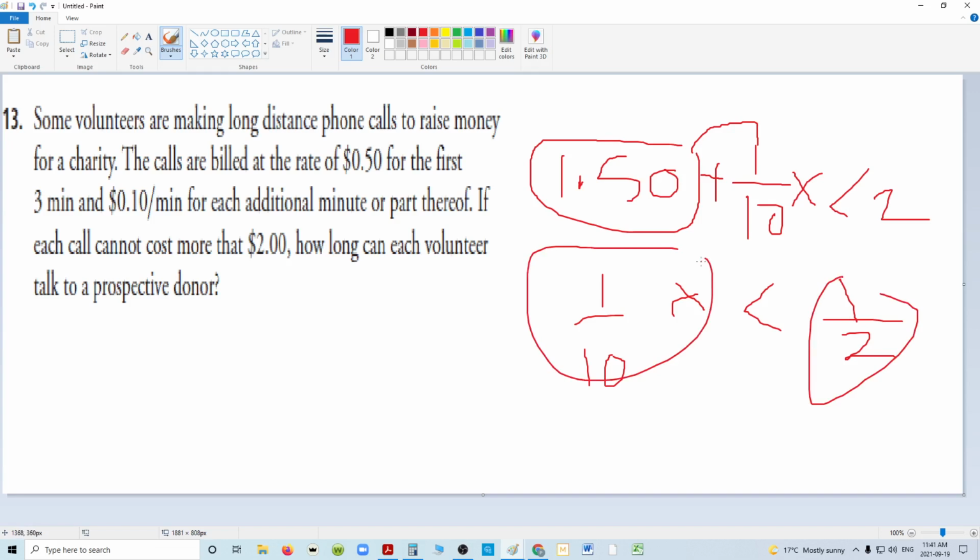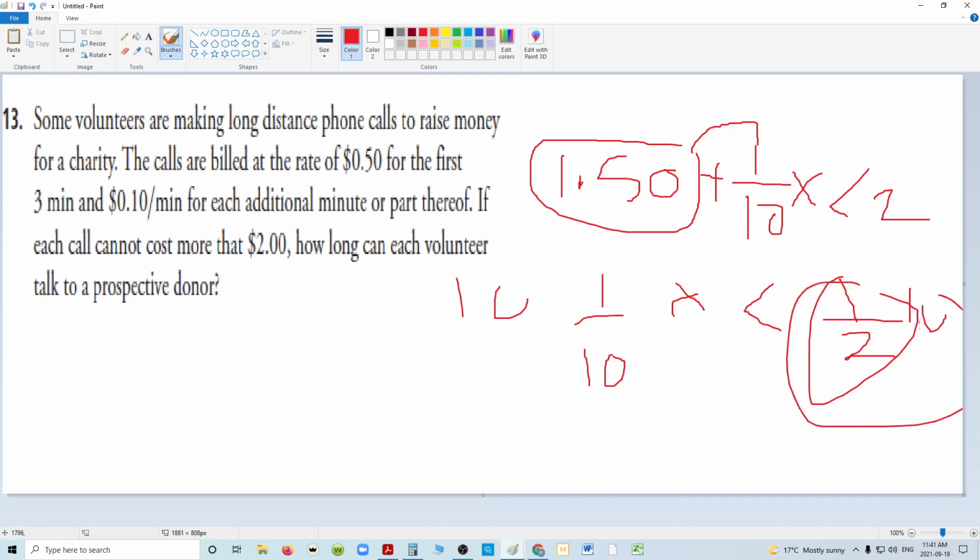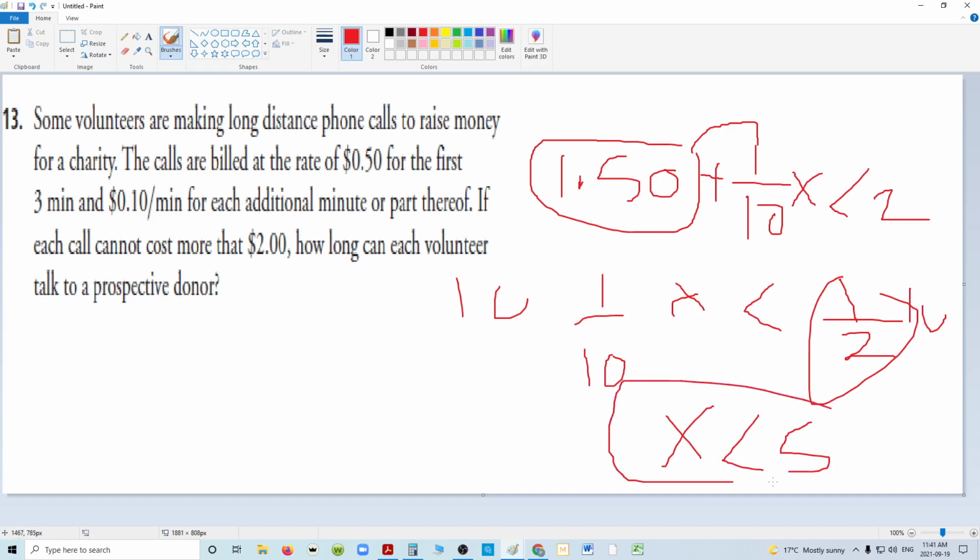I'm keeping everything in dollars, essentially. To get rid of this, I have to multiply by 10 on both sides, and I get 10 divided by 2. So x must be smaller than 5 minutes in order to keep this call under $2. Yeah, 5 minutes, which makes sense because 5 times 10 cents is 50 cents.